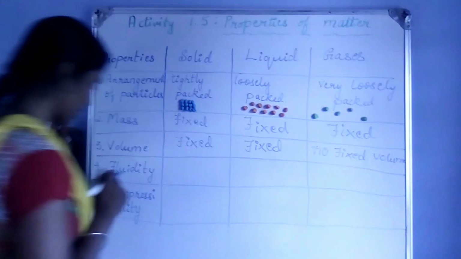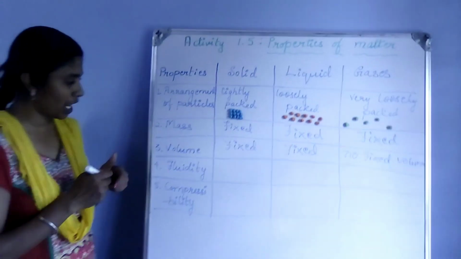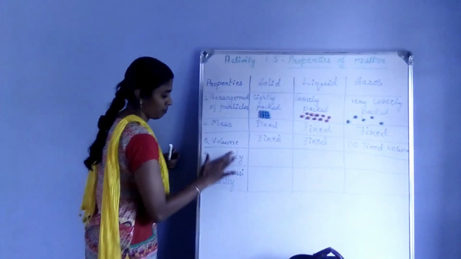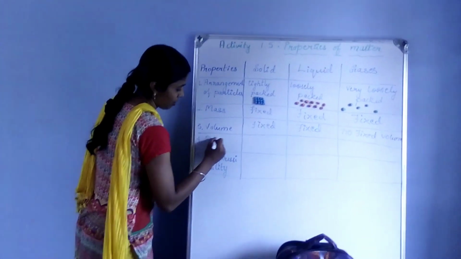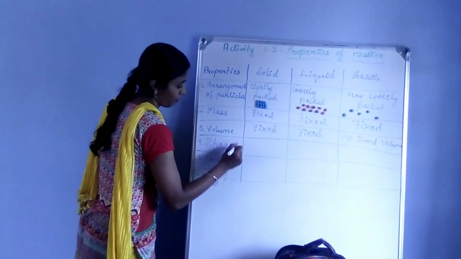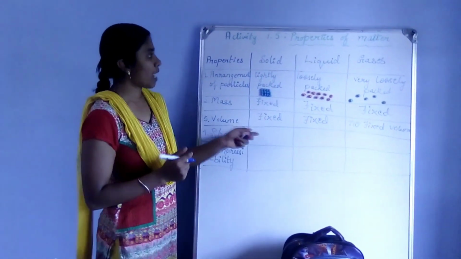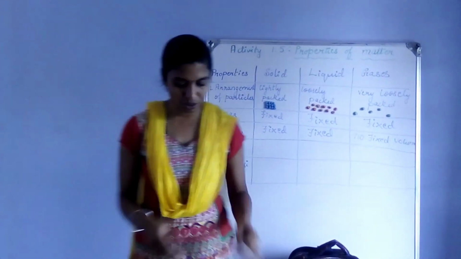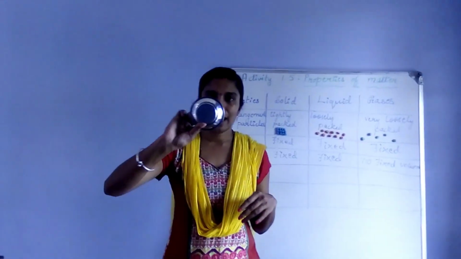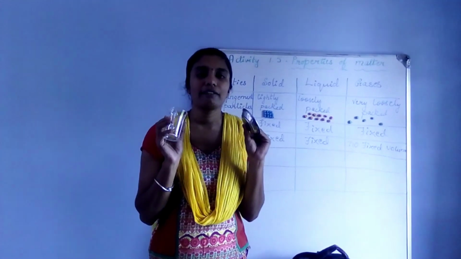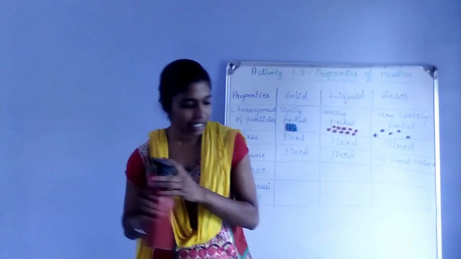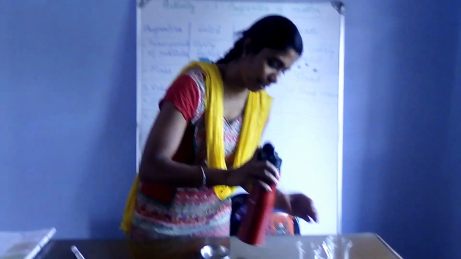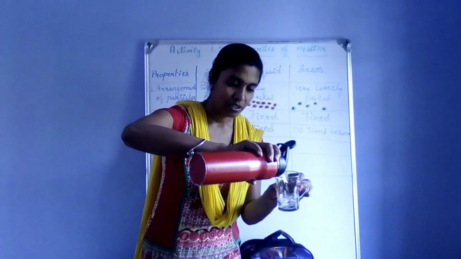Then coming to the next part, that is shape. So the shape of the solid. We already know that we may take anything, this solid or this solid, all these solids have a definite shape. Coming to liquid, if I take a liquid in this container, it takes the shape of this container.